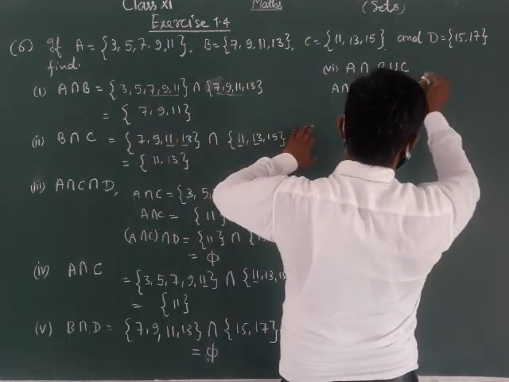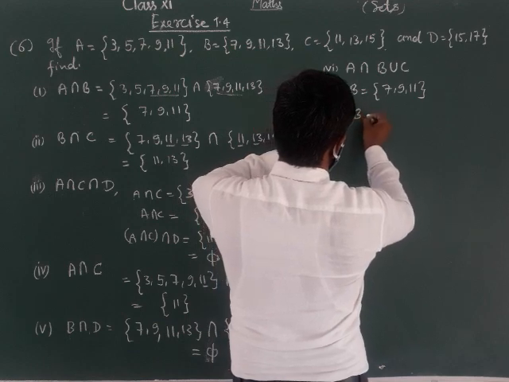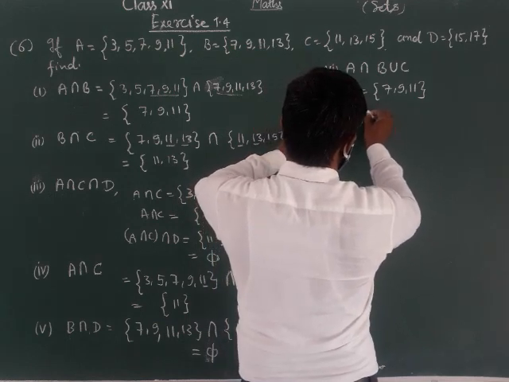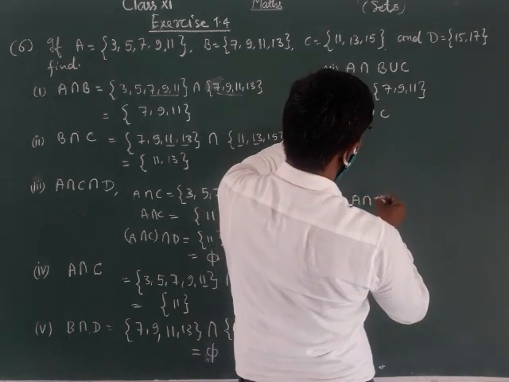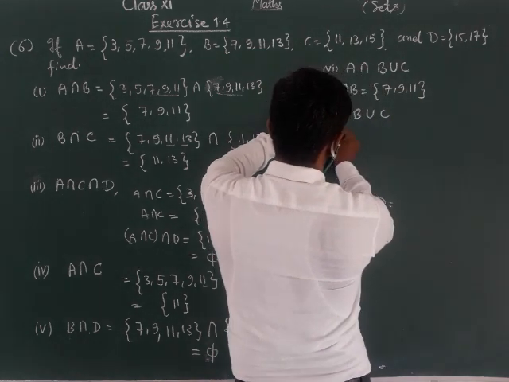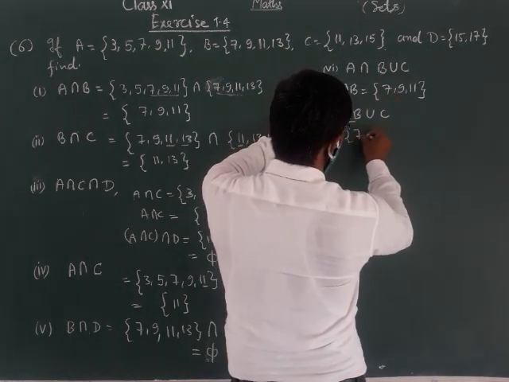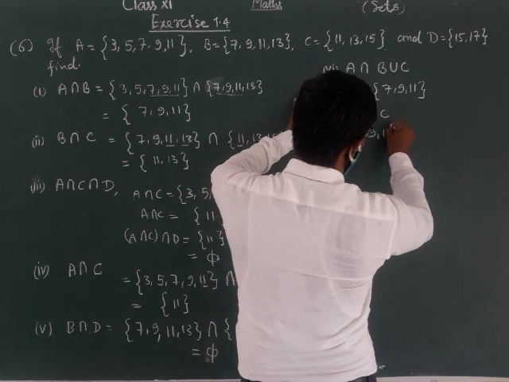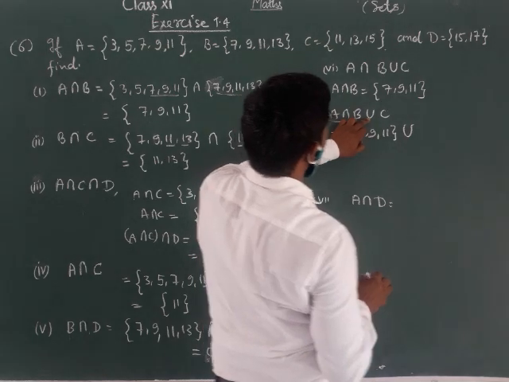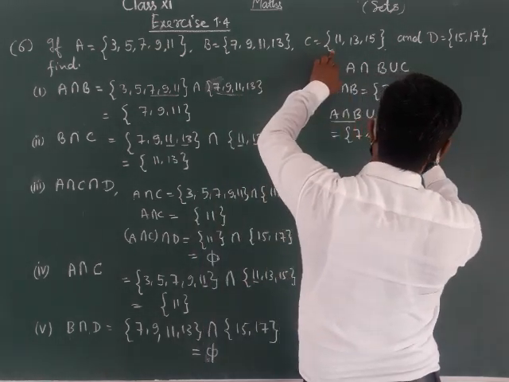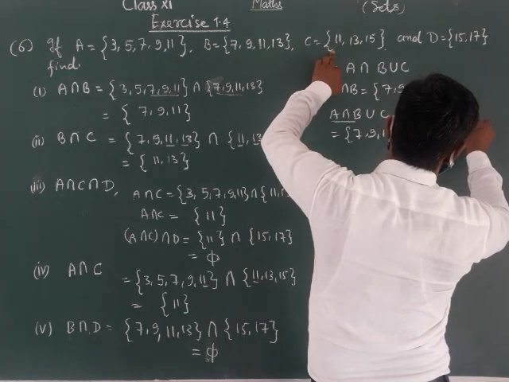And C. So A intersection B union C: A intersection B has elements 7, 9 and 11, and union C has elements 11, 13 and 15.